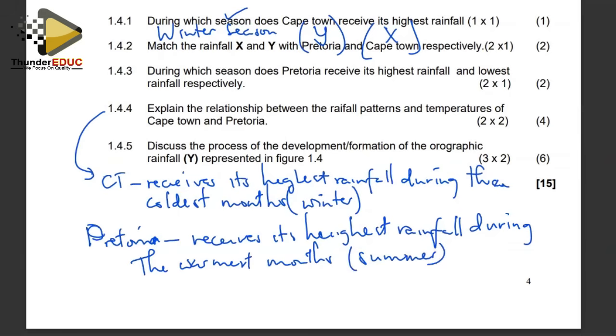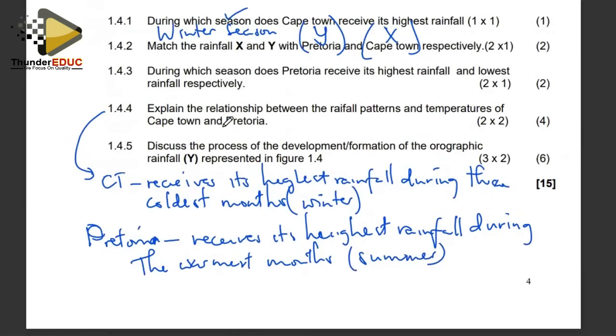So that's the relationship between the temperatures and the rainfall patterns. When it's cold over Cape Town, they receive the highest rainfall during winter. When it's warmer in Pretoria during summer season, that is where they also receive the highest amount of rainfall.